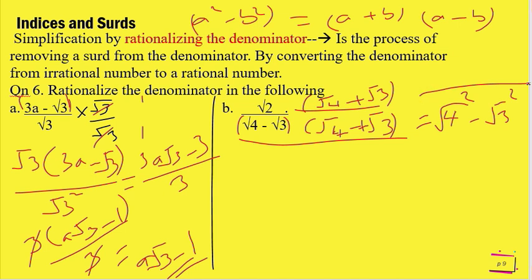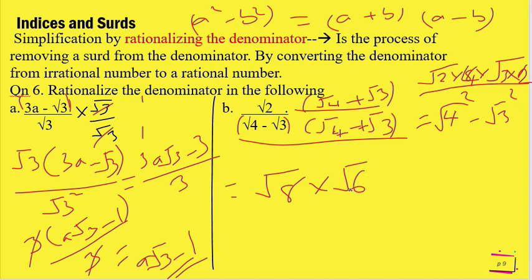Now the numerator, that is root 2 multiplied by 8 multiplied by root 3 multiplied by 2, that's what we have. So we are getting root 8, multiplied by root 6, over root 4 squared, which is just 4, minus root 3 squared, which is just 3.